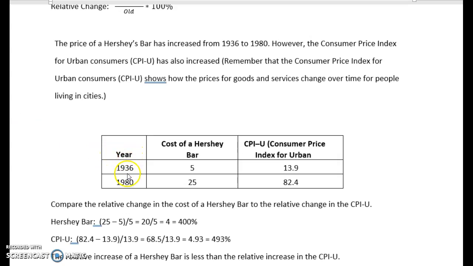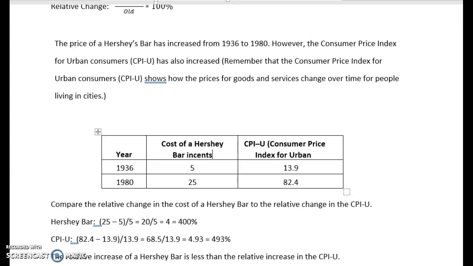In the table, you have the years 1936 and 1980. You have the cost of a Hershey bar. This is actually in cents. And the urban CPI for those 2 years, 13.9 and 82.4. Remember, those are index numbers, so these really represent percentages.